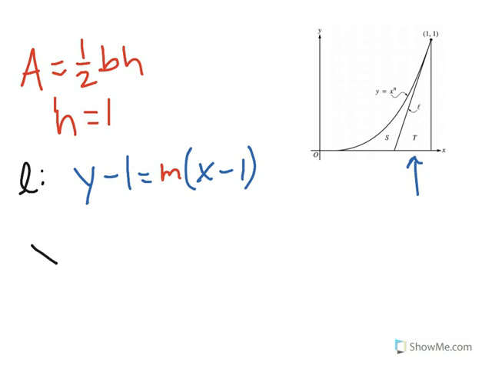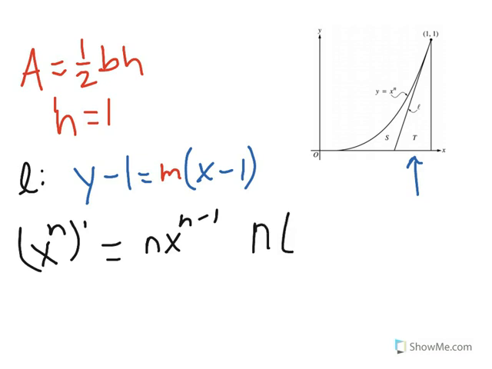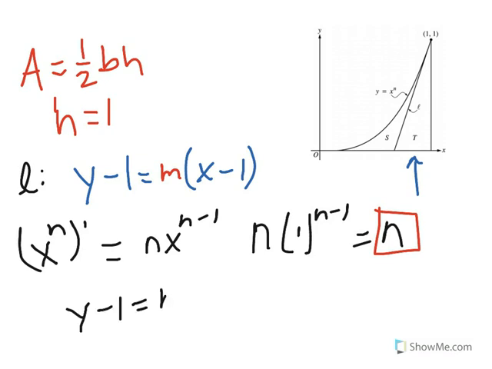So the derivative of x to the n is n x to the n minus 1. When you evaluate that at 1, we get n times 1 to the n minus 1, which is n. So the slope is n. So the equation for line L turns out to be y minus 1 equals n times x minus 1.